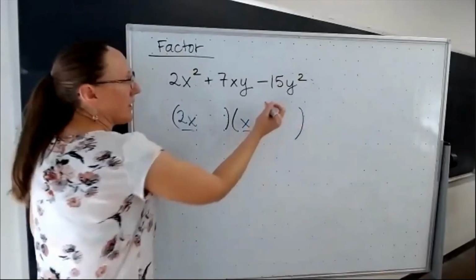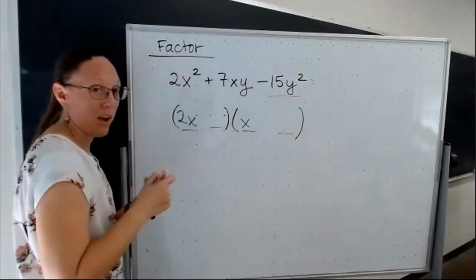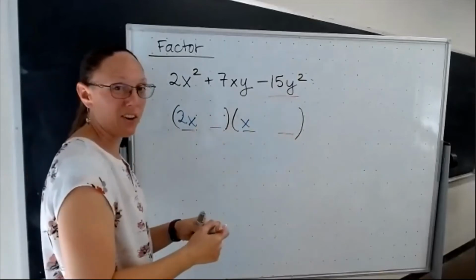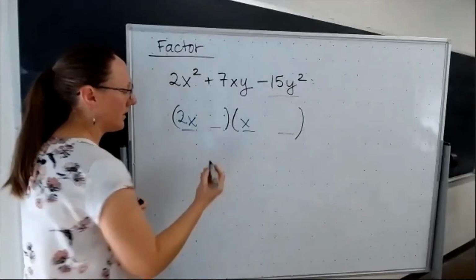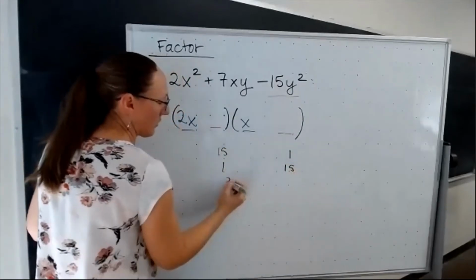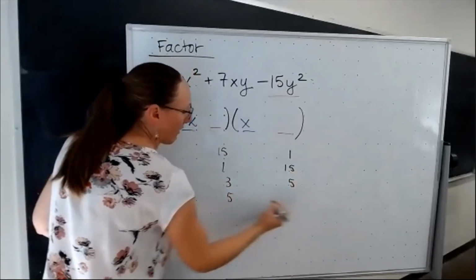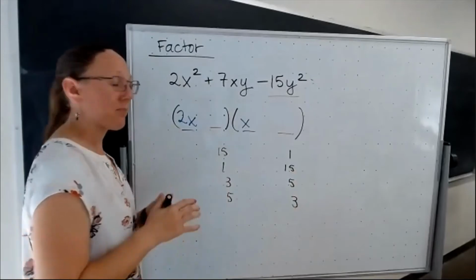So the 15y squared term is going to come from multiplying these back two pieces together. So I'm going to list out all of my factors of 15: 15 and 1, 1 and 15, 3 and 5, 5 and 3. I do a quick check.